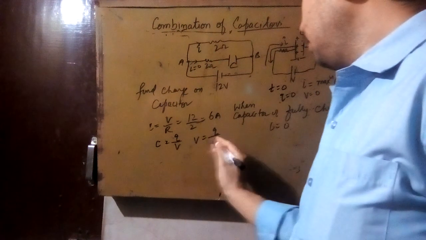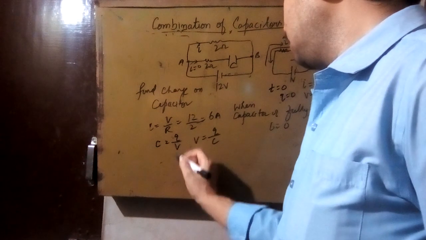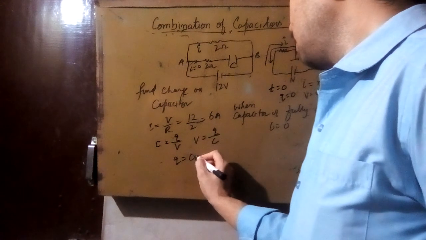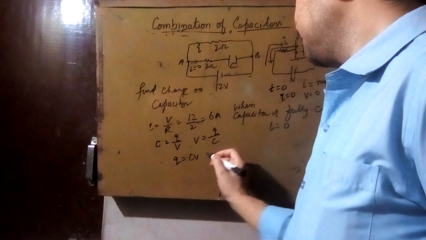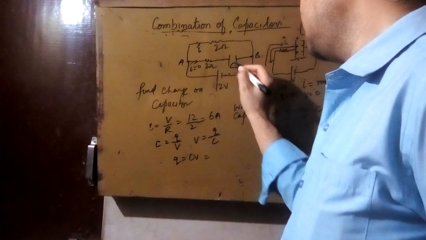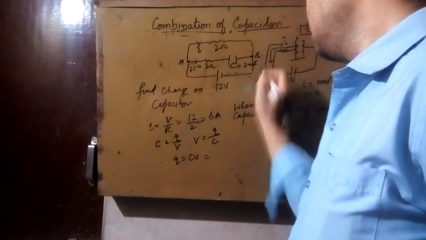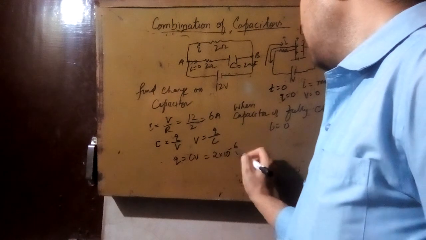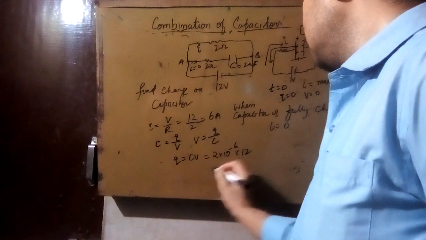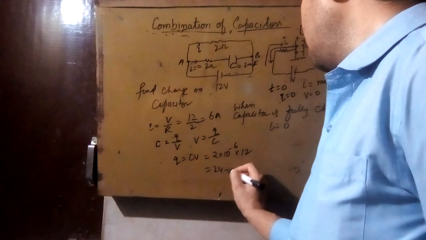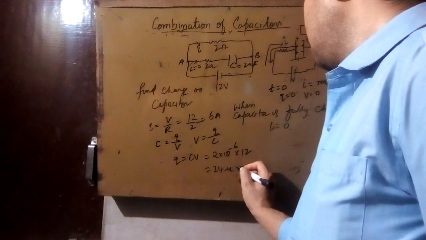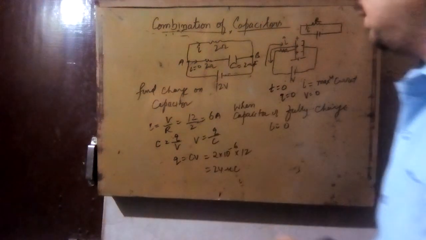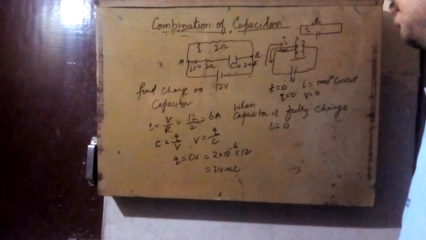So V = Q by C, so Q = C into V. What is C here? Suppose it is given as 2 microfarad. So you write 2 micro means 10 to the power minus 6. And what is the voltage? 12. So it is 24 microcoulomb. So this much charge will appear on this capacitor.